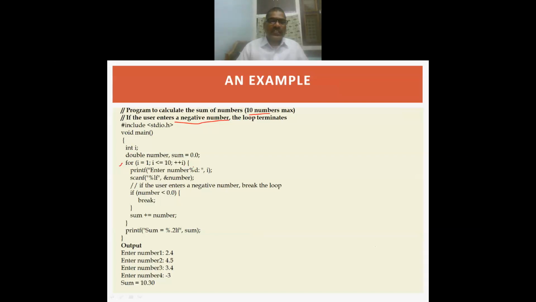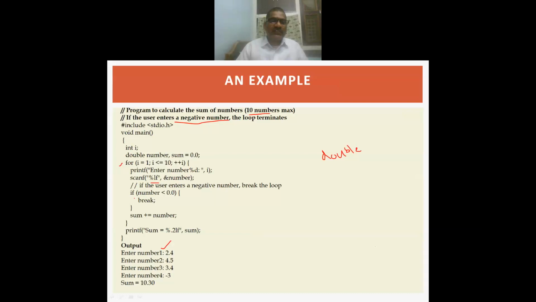We ask the user to enter a number: enter number 1, number 2, like this. scanf with percentage lf is used for the double data type. If you want to read a double data type, we make use of lf as the format specifier.